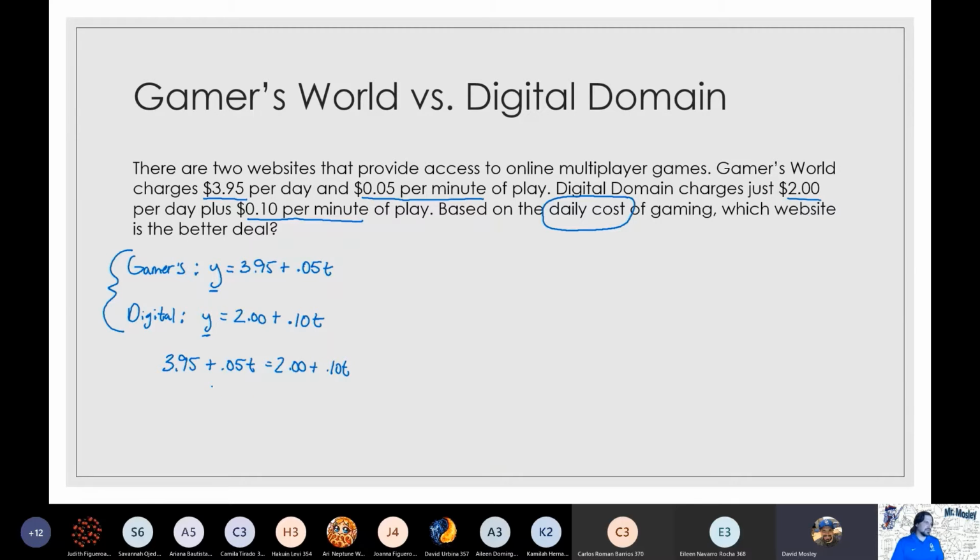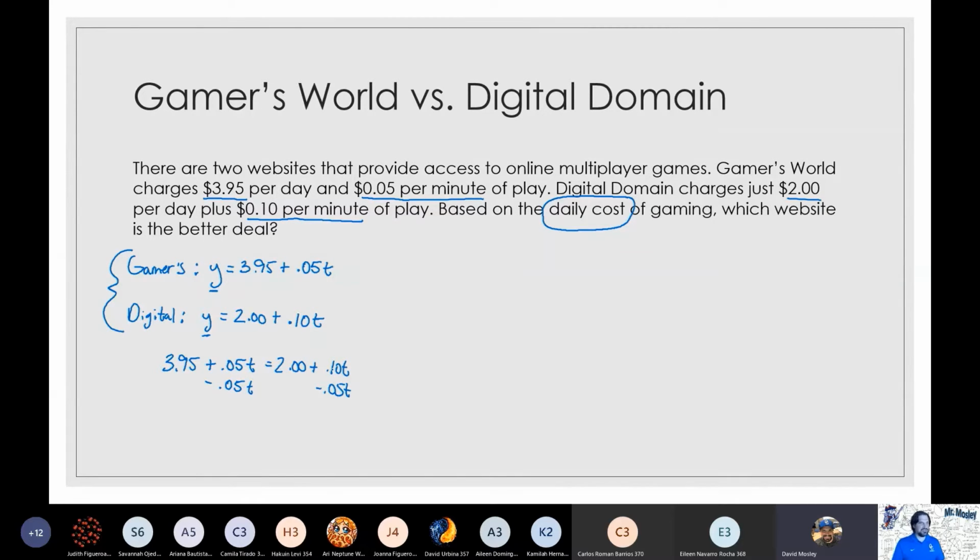I'm going to subtract the 0.05t from each side. And I'm choosing to subtract the 0.05t from the 0.10t because it'll leave me with a positive valued t.